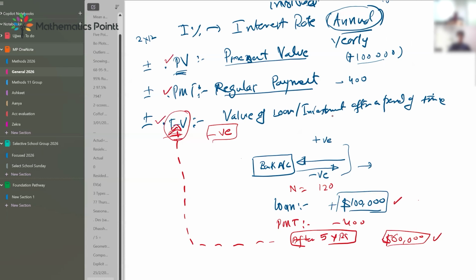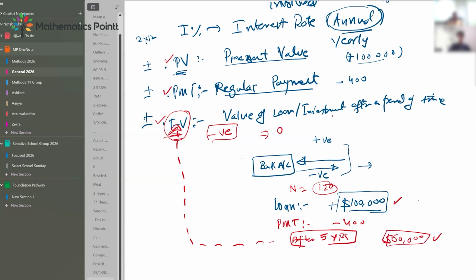Eventually, when I finish off my loan in 120 months, I will fully repay that loan. I'm talking about the loan scenario in this. What will be the future value? All money is gone from my bank account, so my future value will be zero.